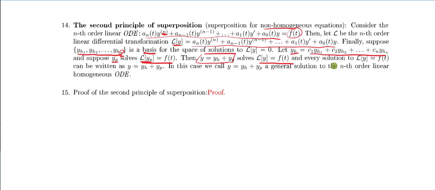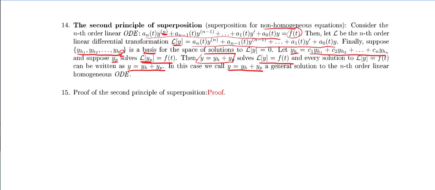and in fact it gives us every solution because every solution can be written in that form. And so for that reason we will call y equal to the family of solutions that solve the homogeneous equation plus one particular solution to the non-homogeneous equation. That combination is the general solution to that non-homogeneous ODE.